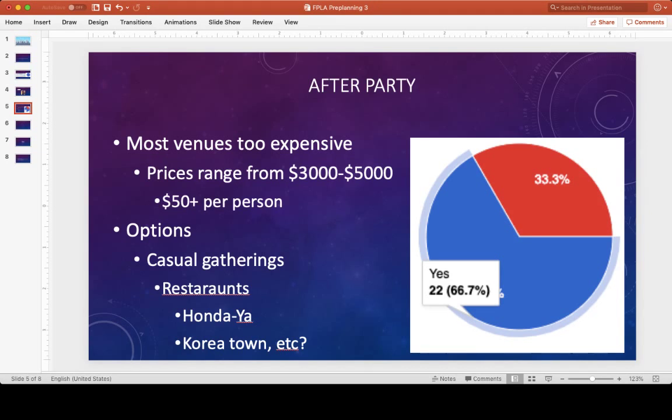First is restaurants. What we did in World Tour Third is a pre-party we had in Hondia. In Hondia, we basically just took over a part of the restaurant.